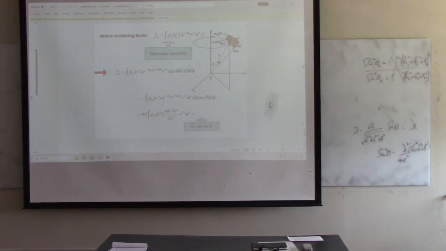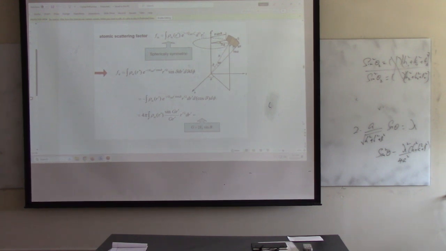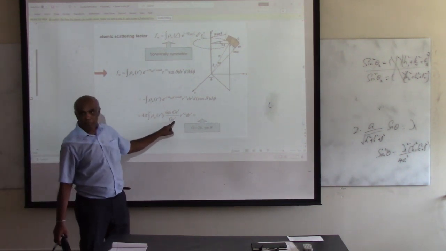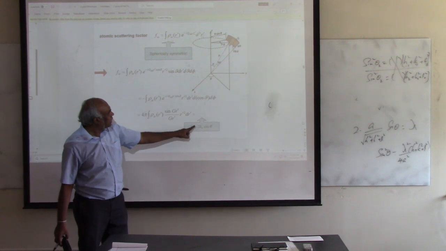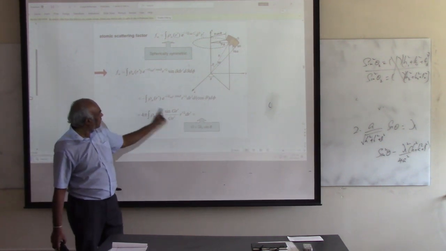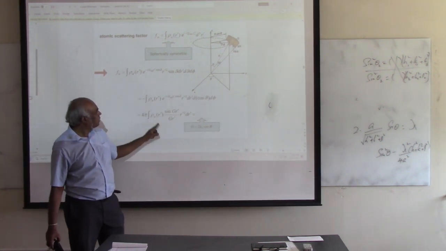D cosine theta, right? Negative. So here d cosine theta is here. Then you can easily integrate that one, right? That means this one divided by i G r here. So if you do this one, then at the end that's the relationship you get for this one.